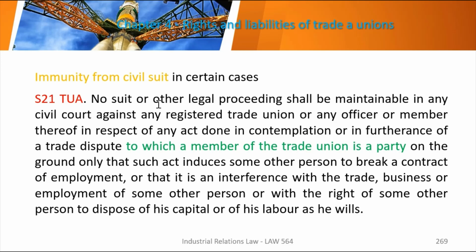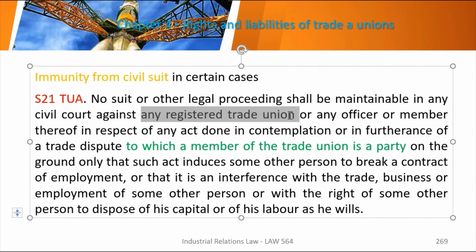Immunity from civil suit: section 21 states that no suit or any other legal proceeding shall be maintained in a civil court against any registered trade union, or any officers or members, because we have officers of the trade union doing their job to protect the members, the employees.